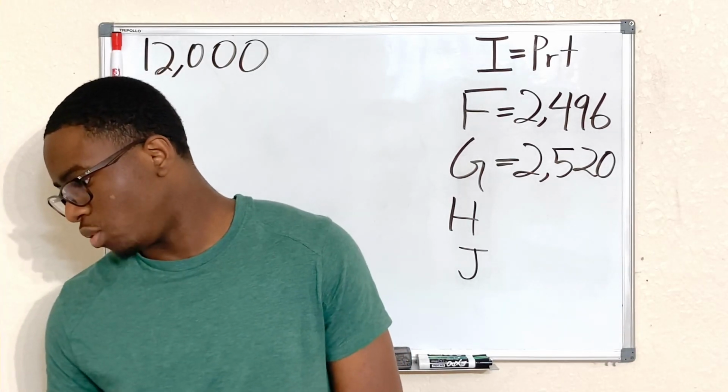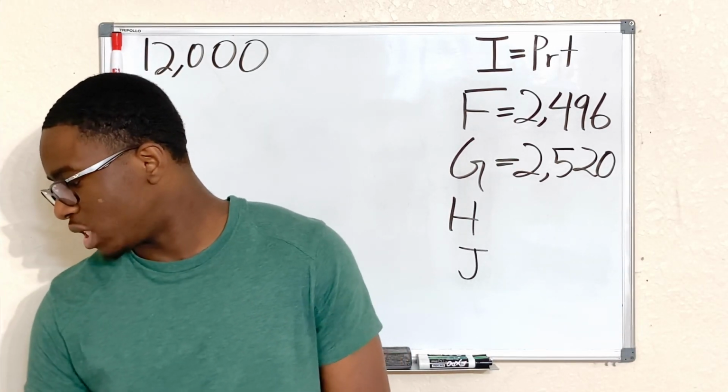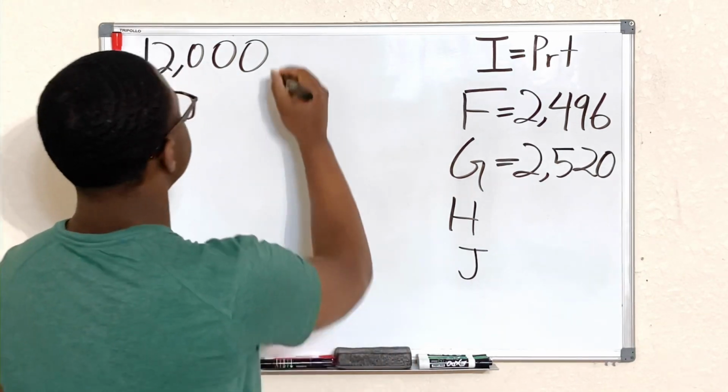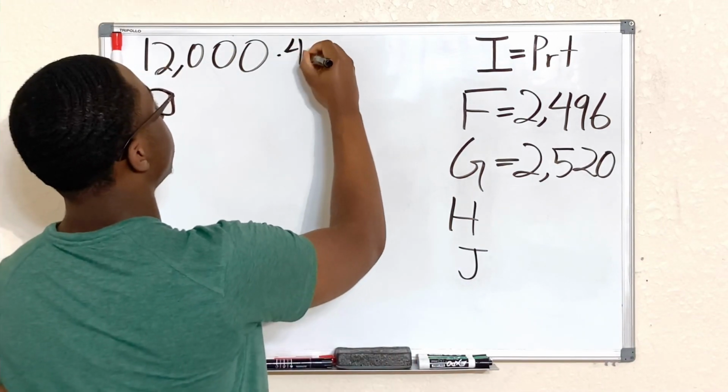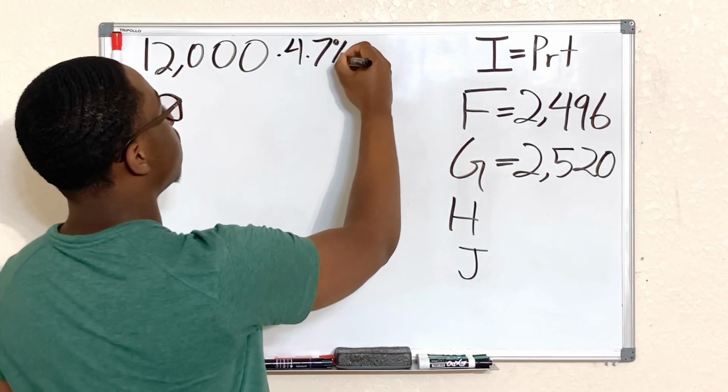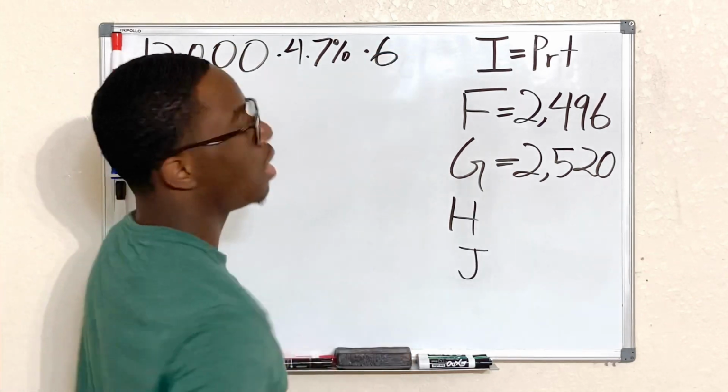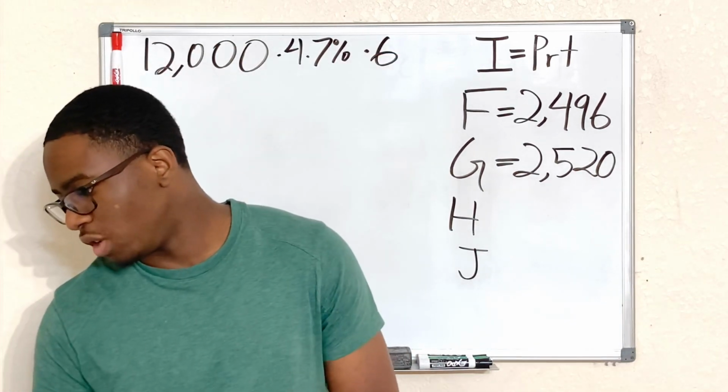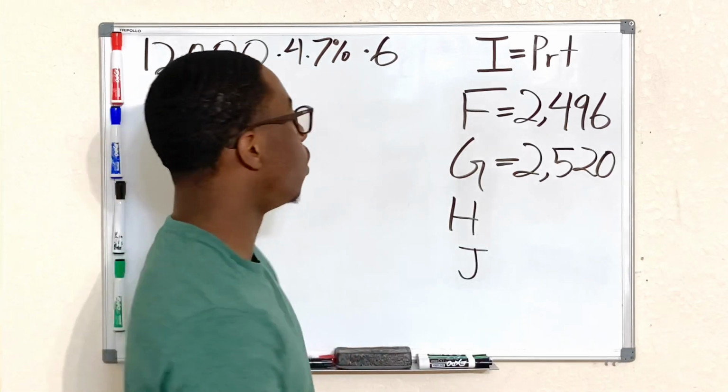Now we're going to do the same thing for answer choice H. We are given 4.7% interest for 6 years, so 12,000 times 4.7% times 6. And altogether, that is going to give us 3,384.